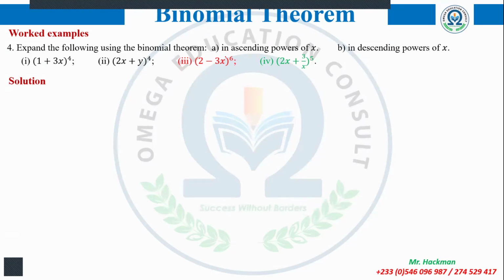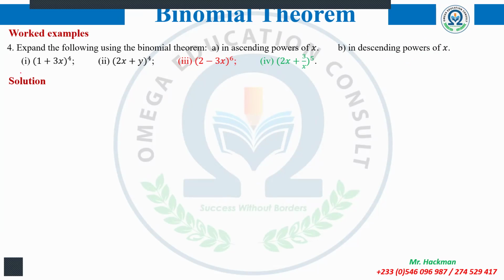We've handled questions that dealt with expansion in ascending powers, but we've not done descending powers, so we are going to dwell much on that. If you know how to expand, it's just one or two pieces of information that you need to be given. So how do we deal with it smartly?